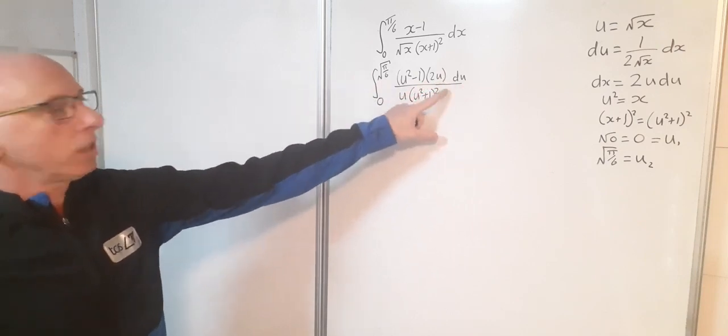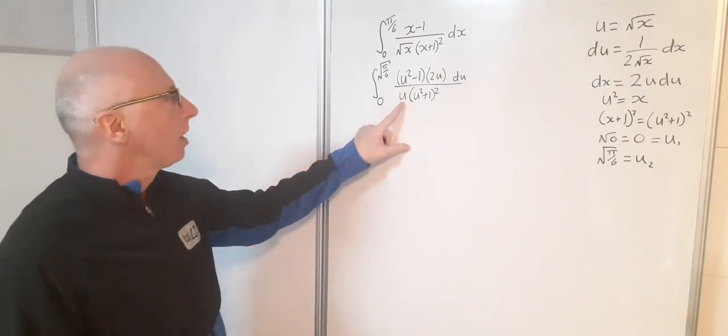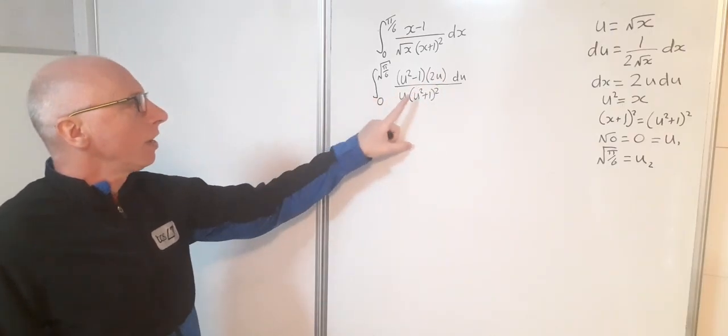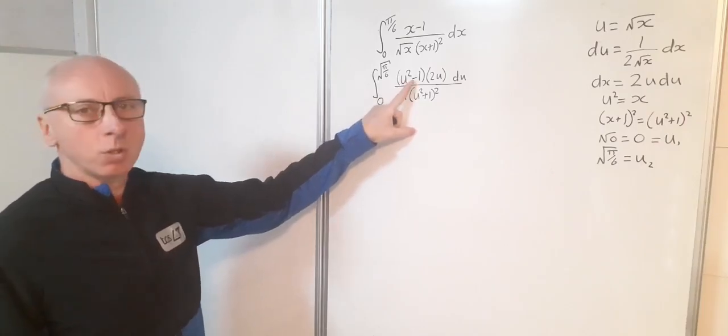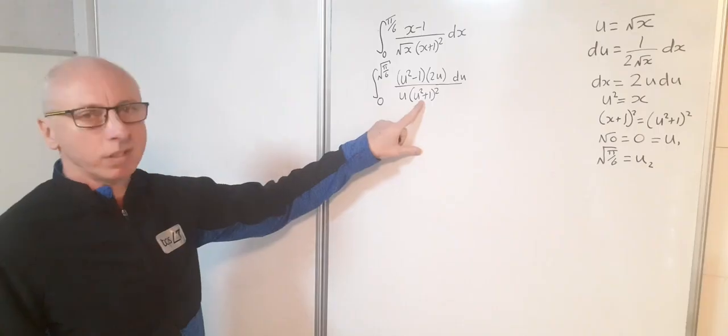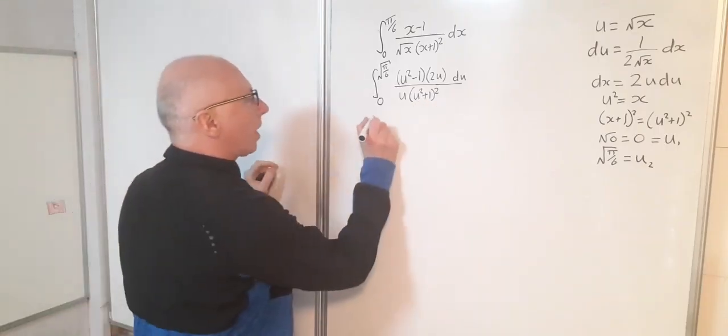So now let's sort out some simplifications and see if we can tidy things up a little bit. So my u's cancel, my 2 can come out the front. Then I've got a situation with u squared minus 1, which is like a difference of 2 squares, but this one not quite. I've got (u squared plus 1) squared. So let's rewrite that.